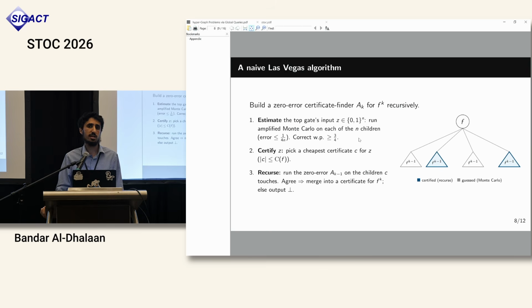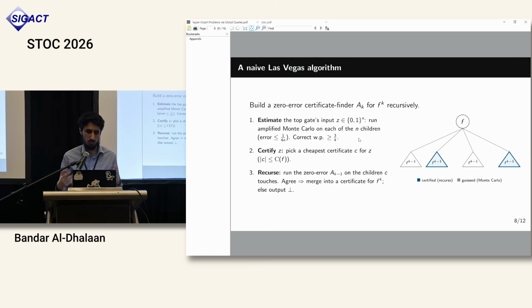The other case is that A sub k minus 1, the recursive step, returns a null character, and either that's because our guess was wrong and so finding a certificate is impossible, or it's still possible that if the guess was correct, A sub k minus 1 fails to find a certificate. So essentially, in this algorithm, we are balancing between these amplification steps, both at the level of running these Monte Carlo algorithms and at the level of running these A sub k minus 1s.